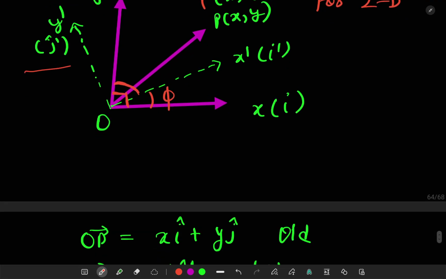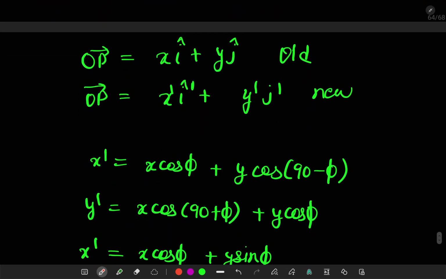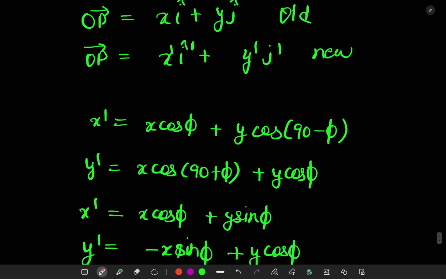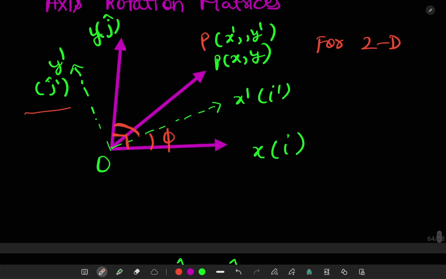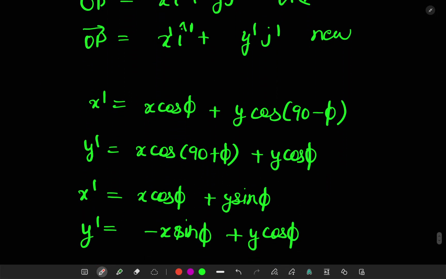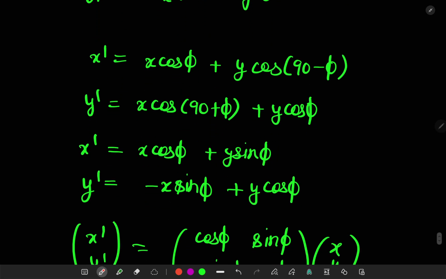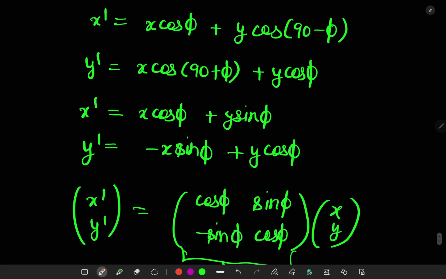For finding the value of x dash, we use this figure symmetry and get x dash is equal to x cos phi plus y cos (90 minus phi), and similarly for y dash we get this value: x cos (90 plus phi) plus y cos phi. On solving these equations we get these two equations.